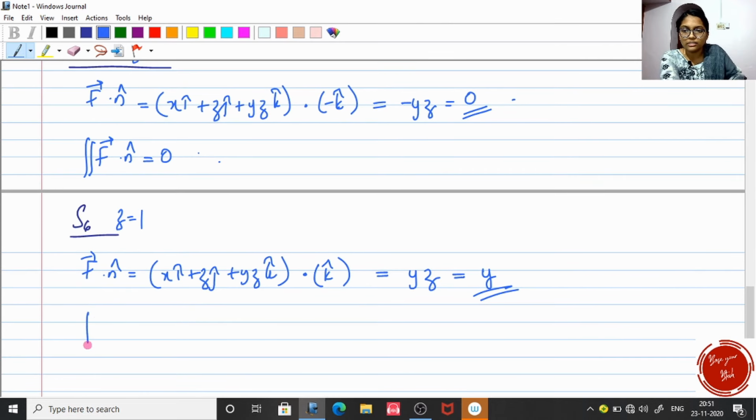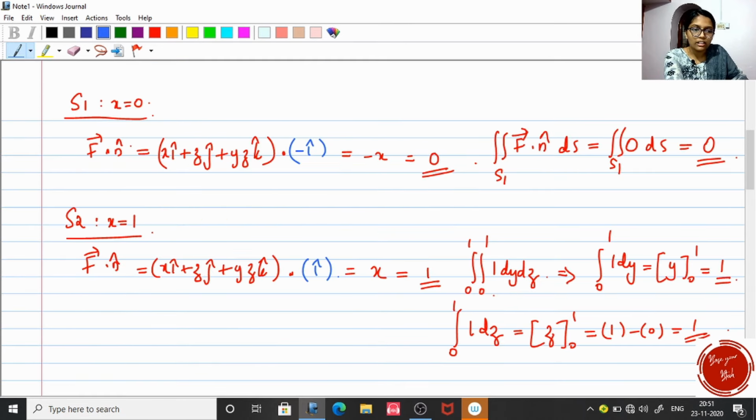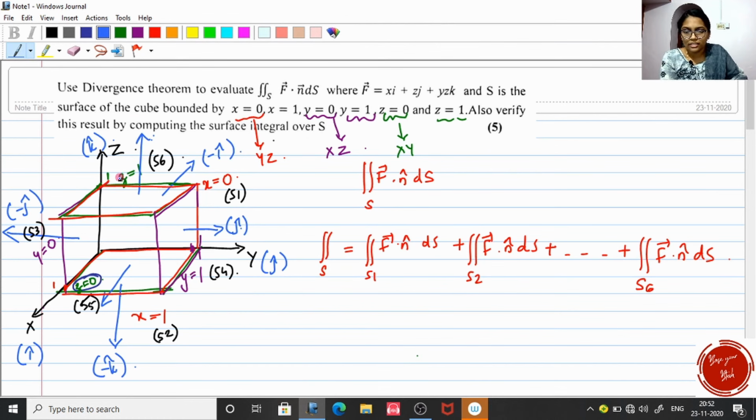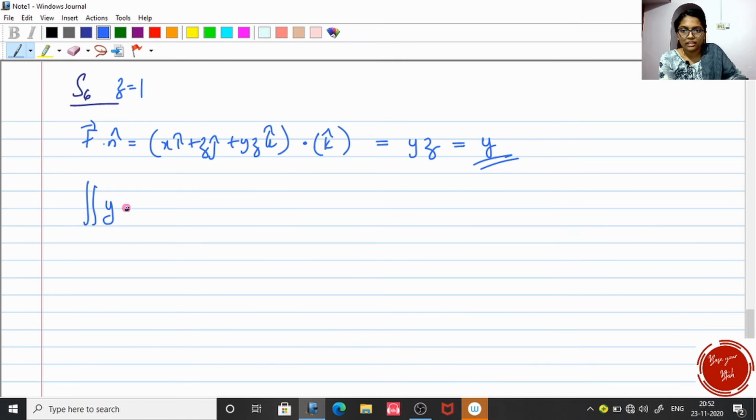Now it is the double integral of f dot n cap, which is y, and which is the variation? For this plane S6, the variation is along the positive x direction and the positive y direction. So for ds we can substitute dx dy, and the limits stay the same, 0 to 1.